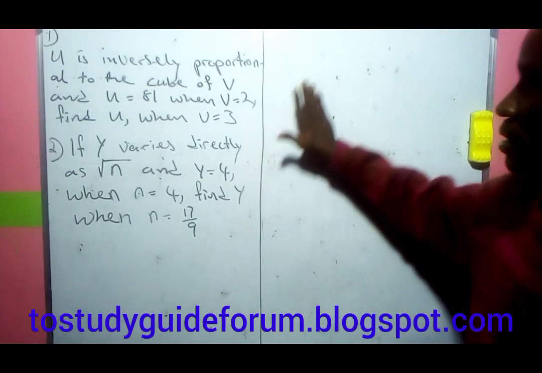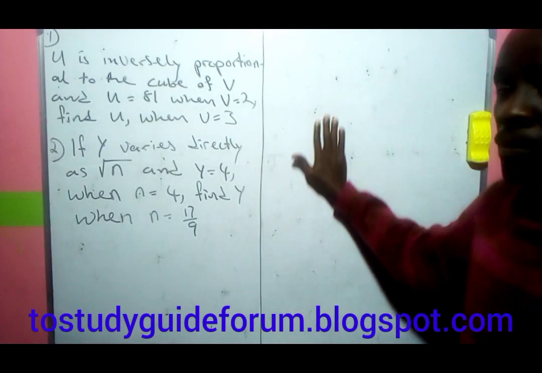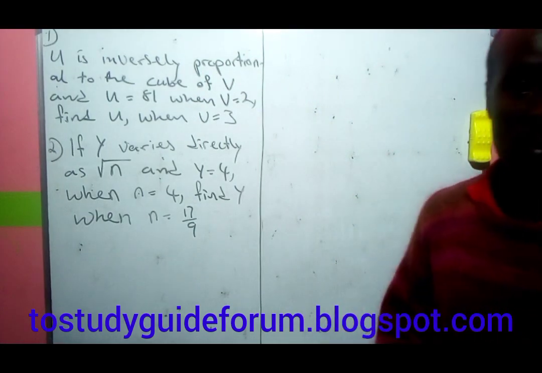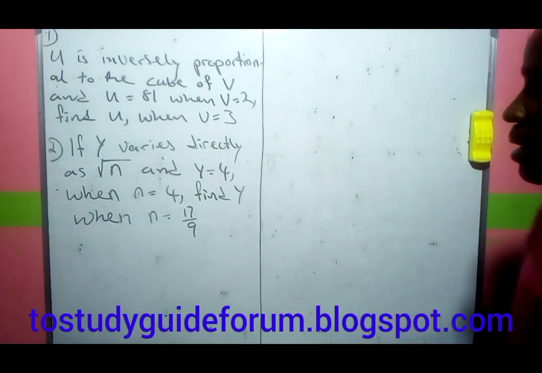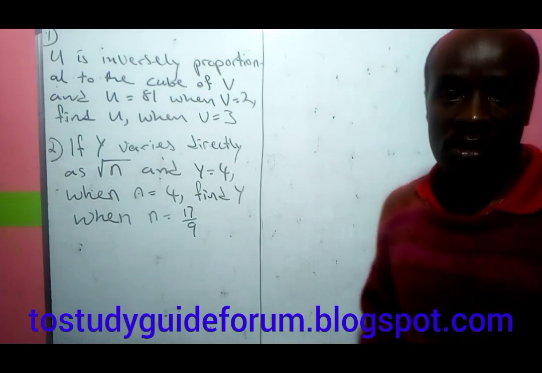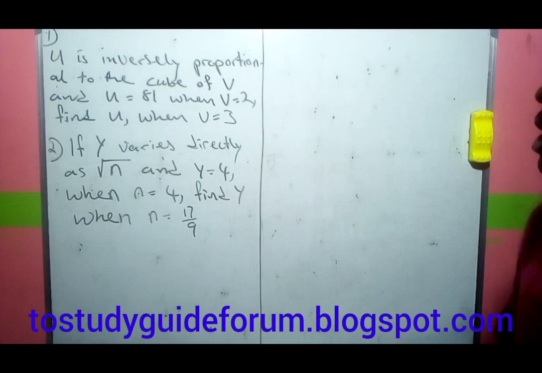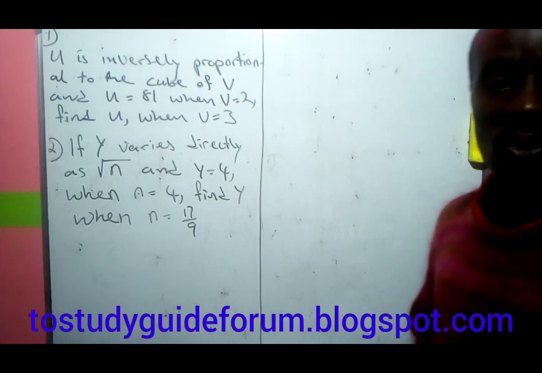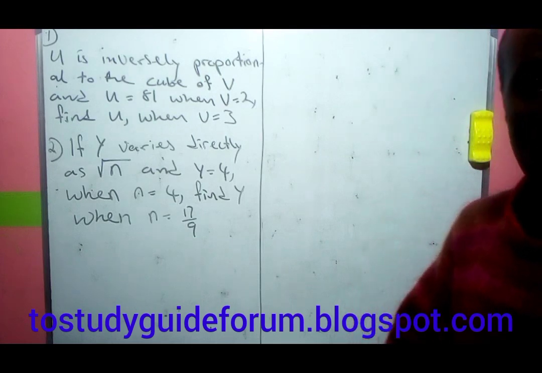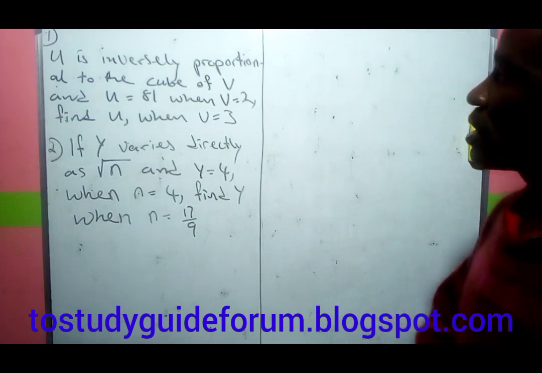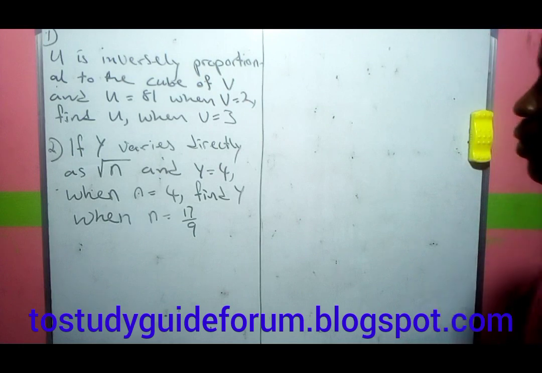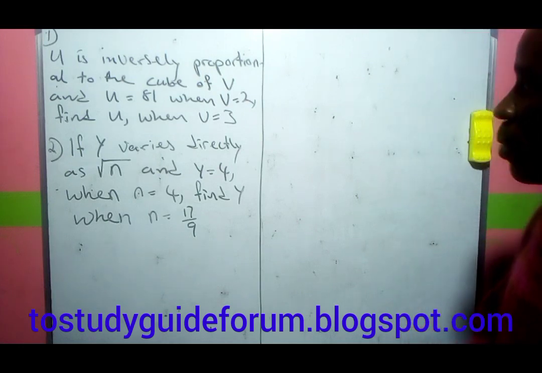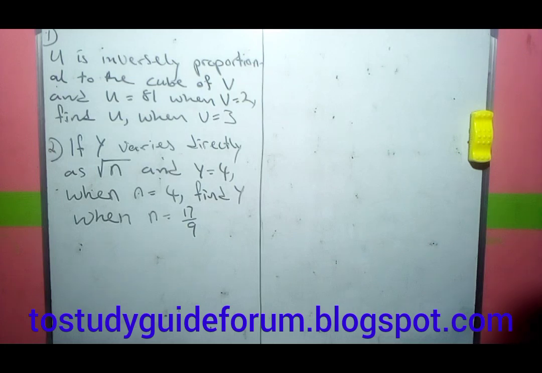Today we'll be looking at inverse proportion and proportionality in mathematics. So here we have two questions, which we are going to look at in order to understand how to solve problems in this topic. The first says that U is inversely proportional to the cube of V, and U is 81 when V is 2.